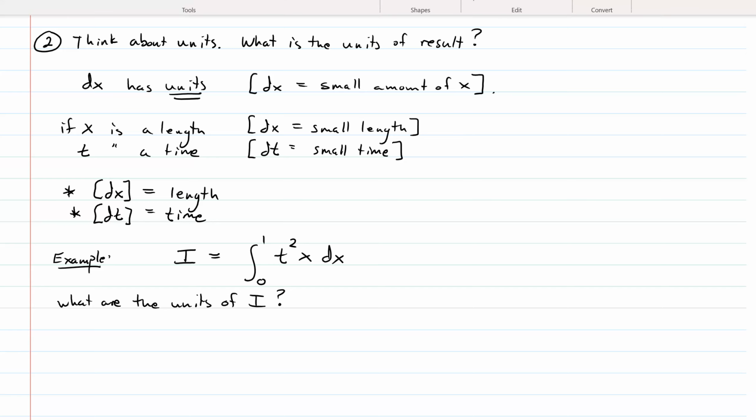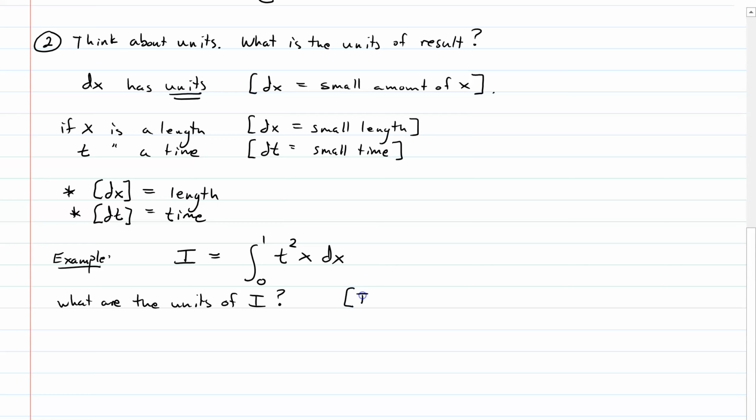Okay, first of all, this thing, the integral sign, remember, that's basically just like adding up a bunch of really tiny things. So that doesn't add any units. But these things in here have units. Okay? So let's do some unit analysis.